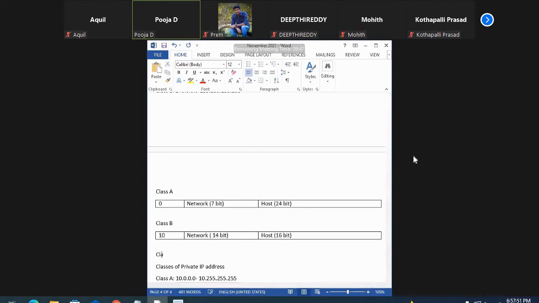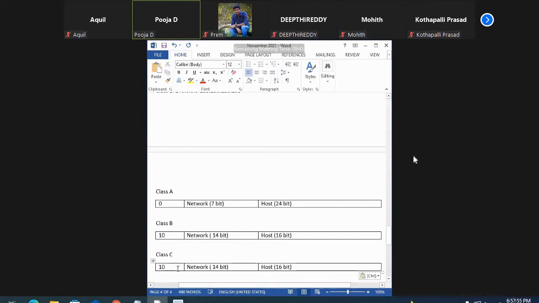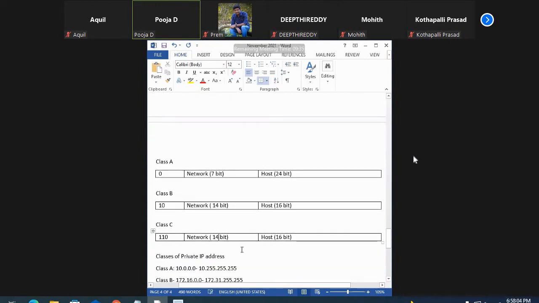Class C. Again one more bit is added in the leading bits, 110. So now here 21 bits, and here it will be 8-bit host.